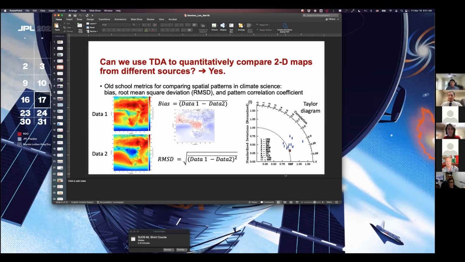Can I ask another question? Yes, please. One of the things you are using is a reference map, which you use as the climate, and you compare a new map to the climate map.